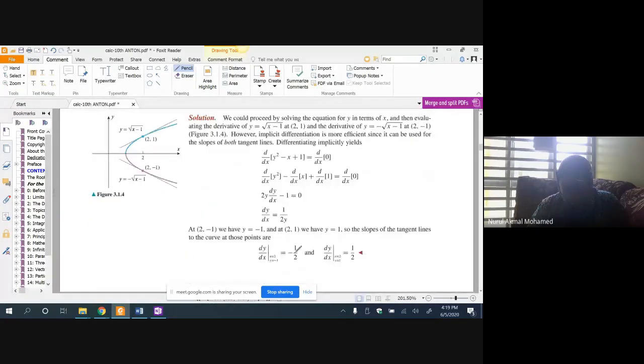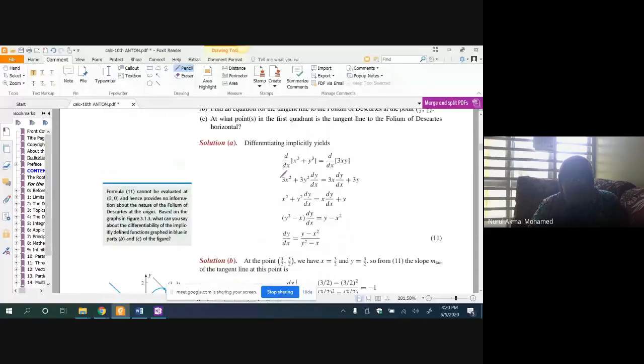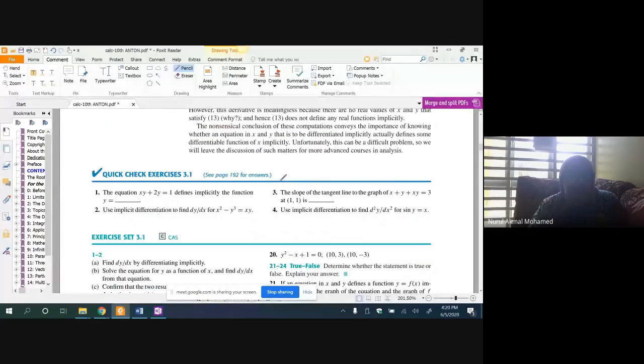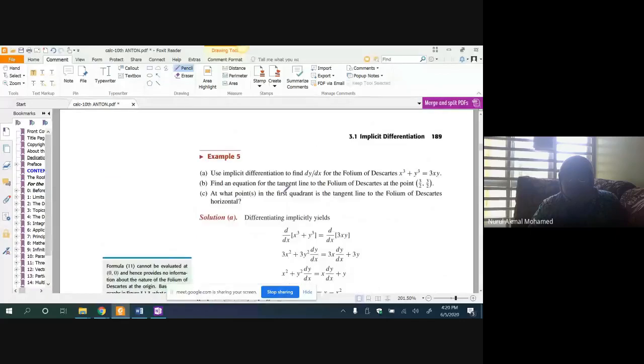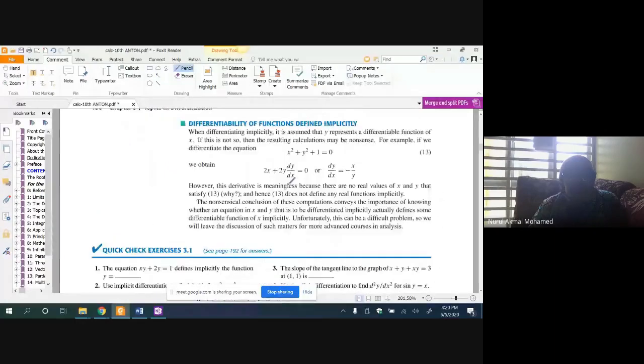Those are the slopes of the tangent line at x equal to 2, for coordinates 2, 1 and 2, -1. Okay, I hope it is clear. Let's continue. But I think this is doable for you to do at home. So let's do it at home.